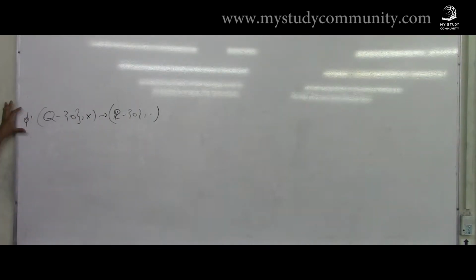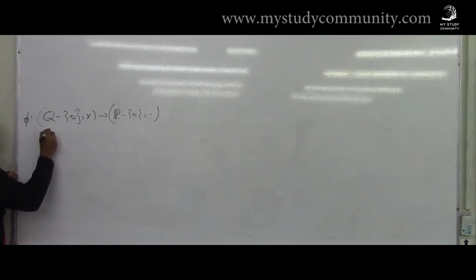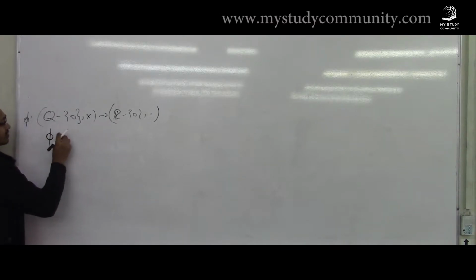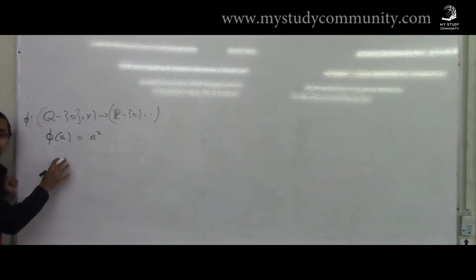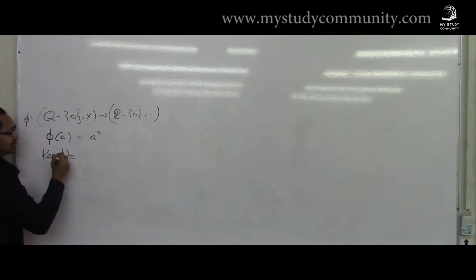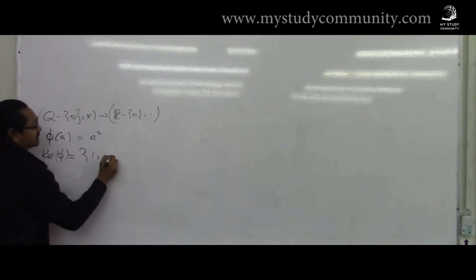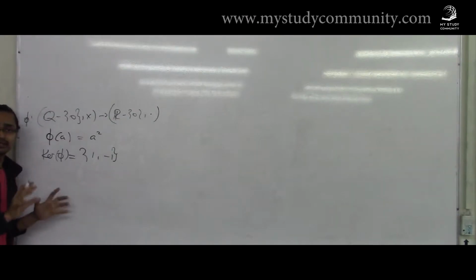Now we form a function, phi, and we know from before, the last example, that this was a homomorphism defined by phi of an element A is A squared. So this is a homomorphism. And the kernel of this homomorphism, the kernel of phi, was 1 and minus 1. That is where we ended.